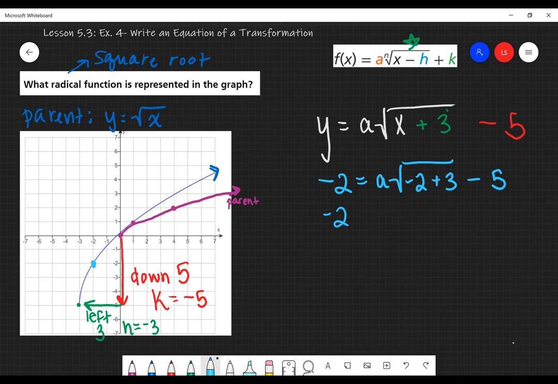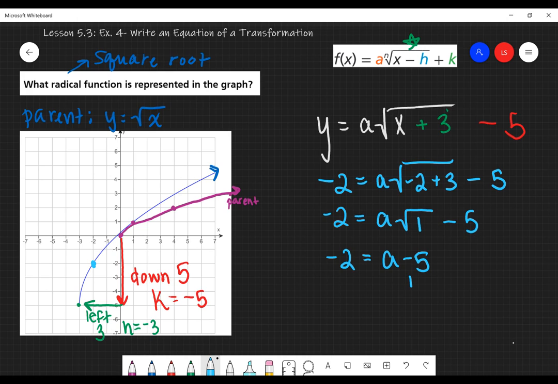So we've got -2 equals a times the square root of 1, minus 5. -2 equals a times the square root of 1, which is 1. So it's a minus 5.